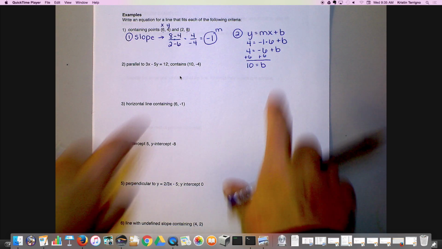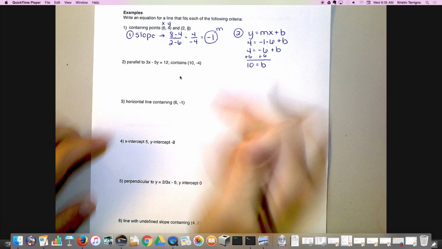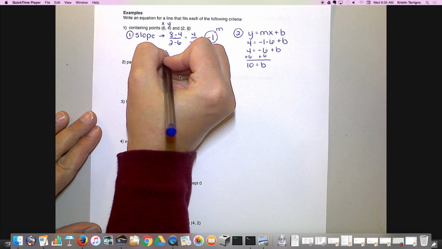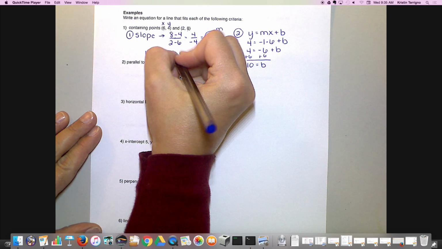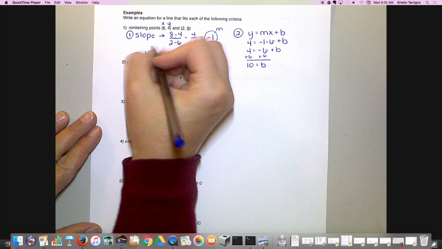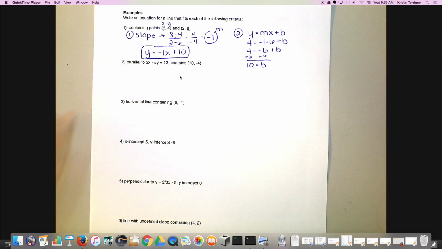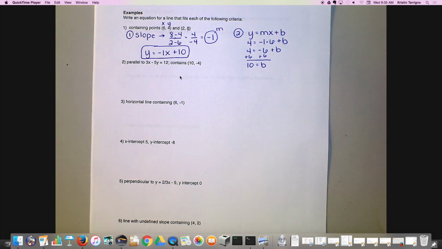And so now I have an m, I have a b, and now I can write my final equation as y equals -1x plus 10. How do we do? Feel okay about that? Yeah. Okay.